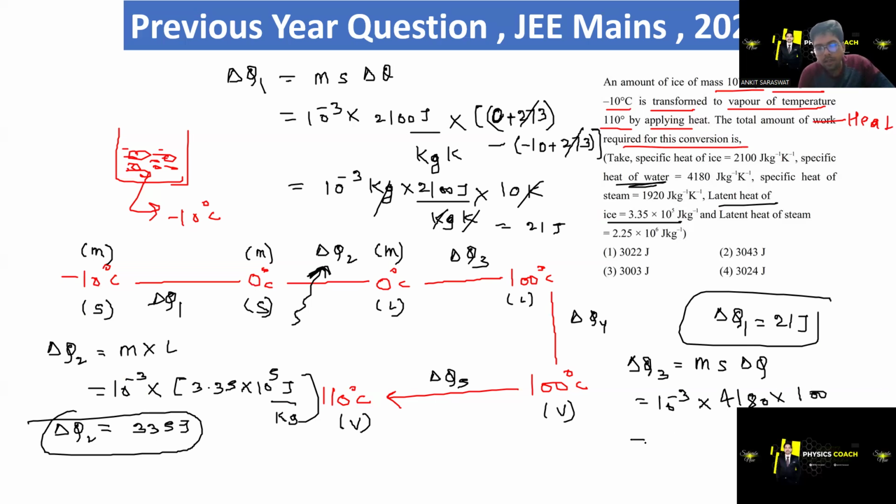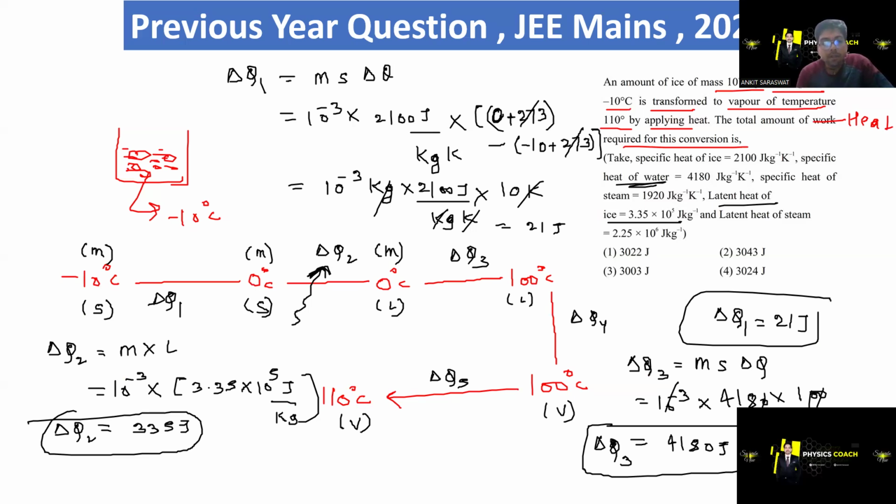So finally you will get 418 joule. Clear? We are providing heat, that's why all the answers will be positive. Delta Q1 is positive, delta Q2 is positive, delta Q3 is positive. It means that we are providing heat to the system.